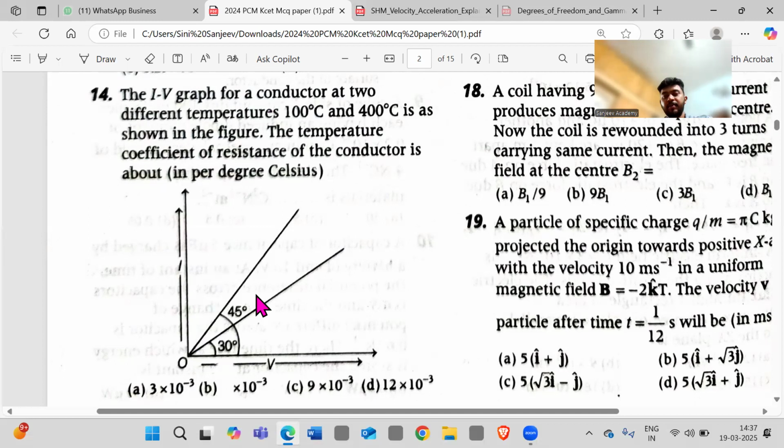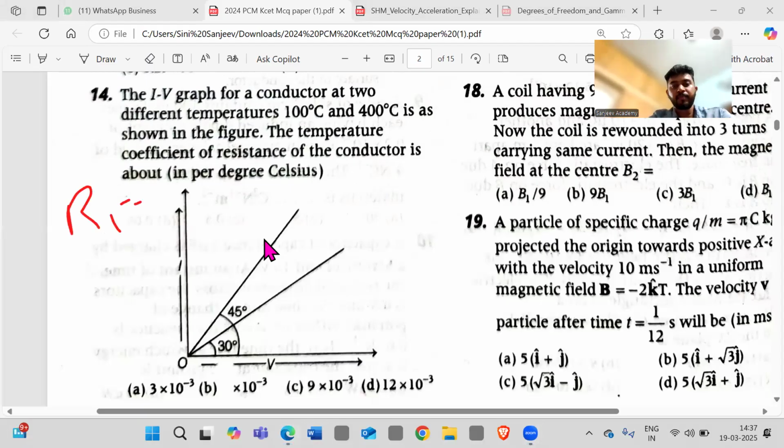So what is my resistance R1? What is another value of slope? What is slope? Tan theta, dy by dx, gradient, all are same. Correct? So what is my R1 value? Let me just write it down.